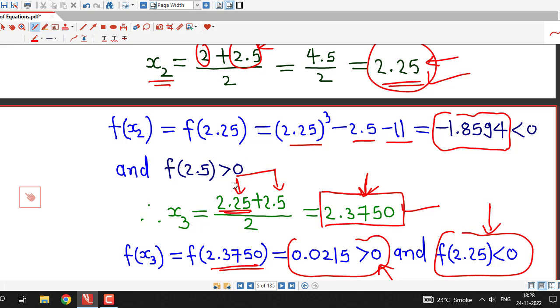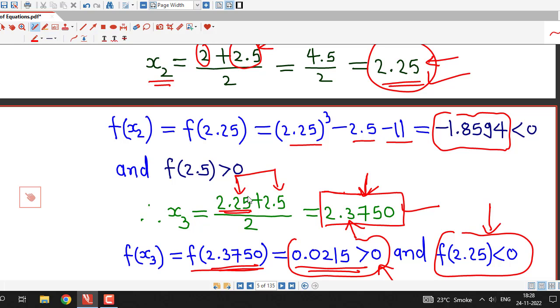So at each iteration, what you have to keep in mind is that whatever approximation you obtain, find out the value of the function at that point and check whether it is positive or negative. If it is positive, then find the point for which the function is negative. Here f of 2.3750 is positive, and out of these two, f of 2.25 is negative.